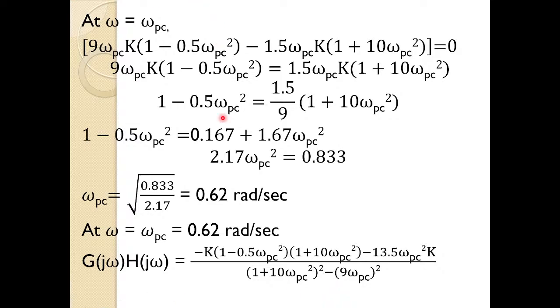I will wait for a minute. Just solve it and simplify. If you get the answer, what is our g of j omega, h of j omega at omega pc? What is it? Tell me. Just mention in the chat box.